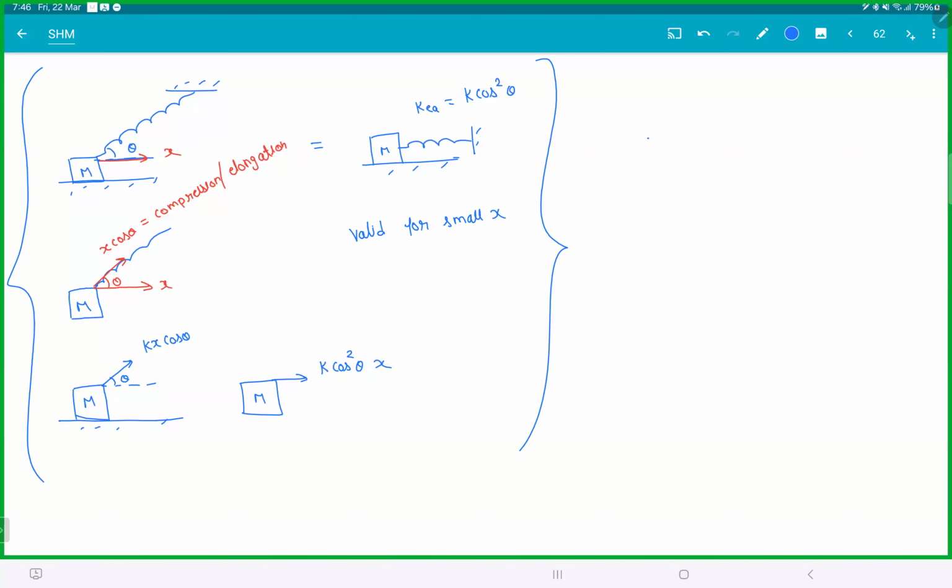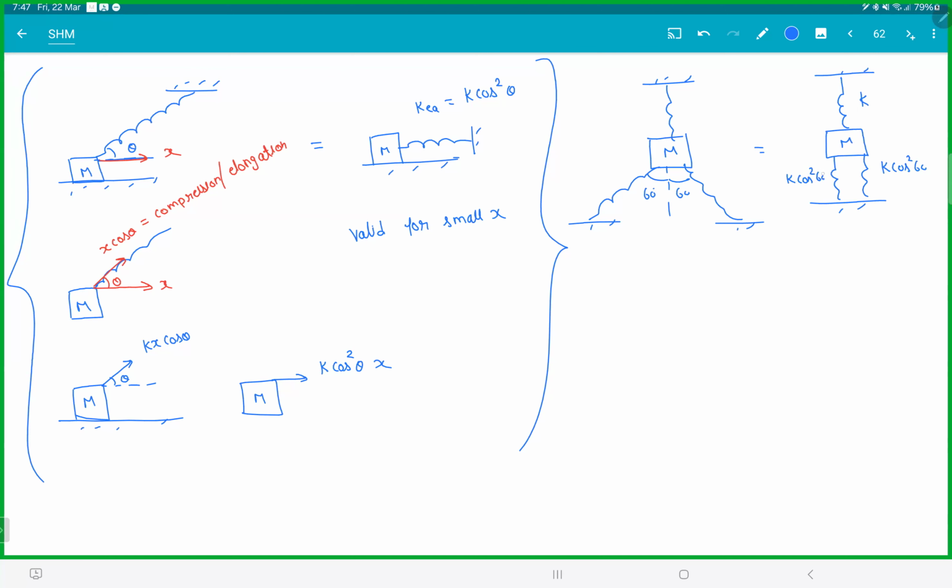So coming back to our problem now. So M. This is 60. This is 60. You can replace this with a block M. This will be like two springs, which will be K cos square 60 and K cos square 60.